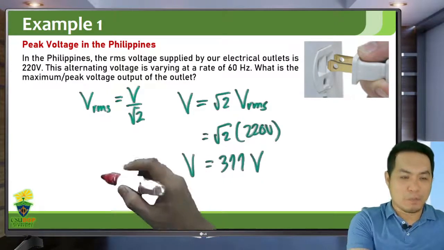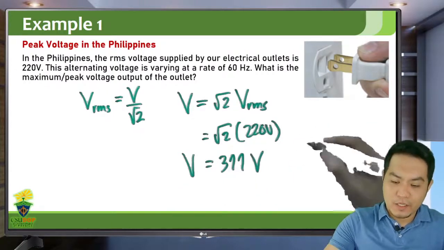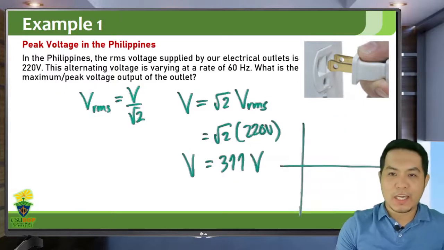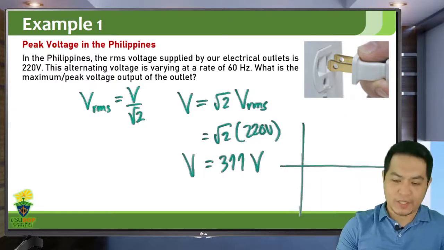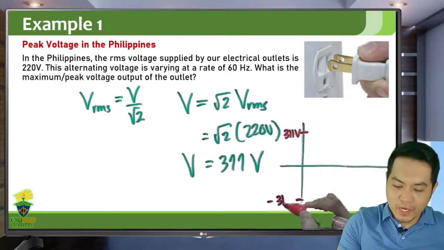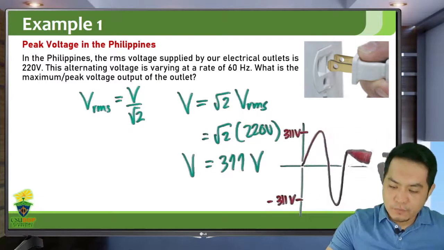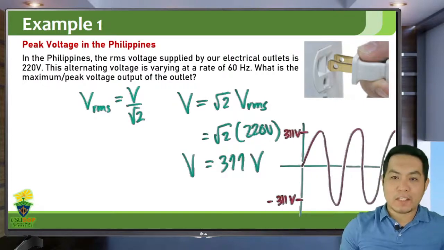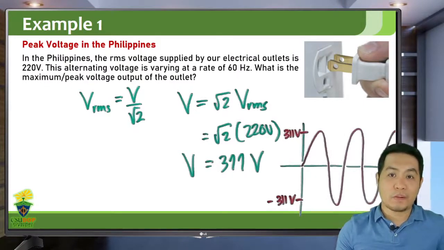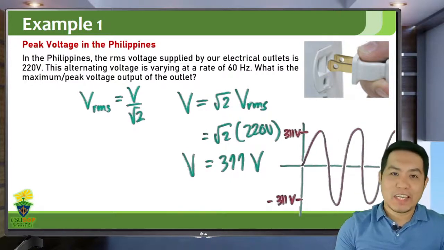So what does this mean? This means that the voltage in the Philippines actually swings from positive 311 volts to negative 311 volts. The rate that it's alternating is 60 hertz, meaning 60 times per second.